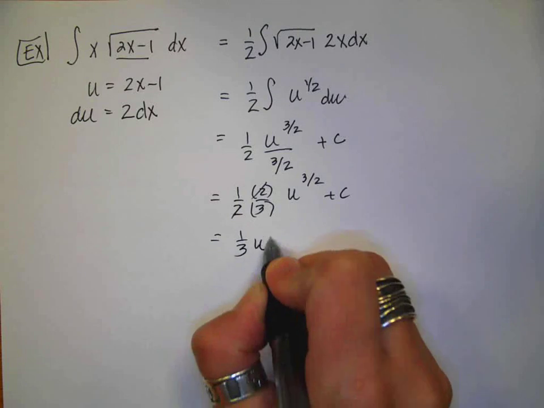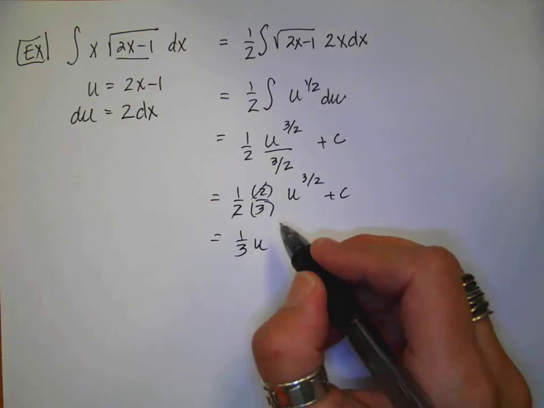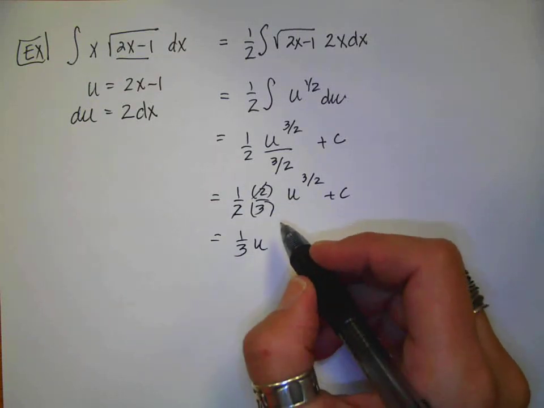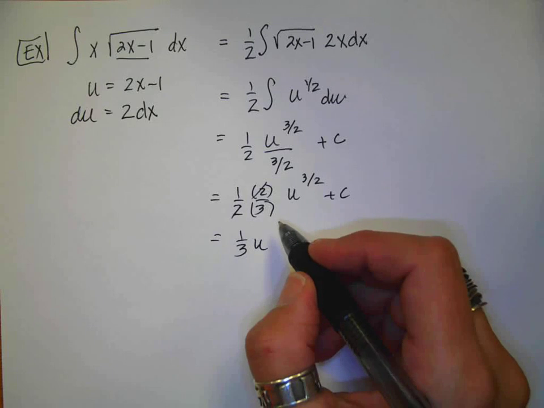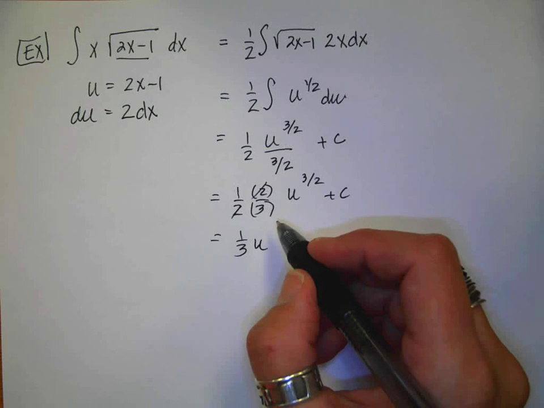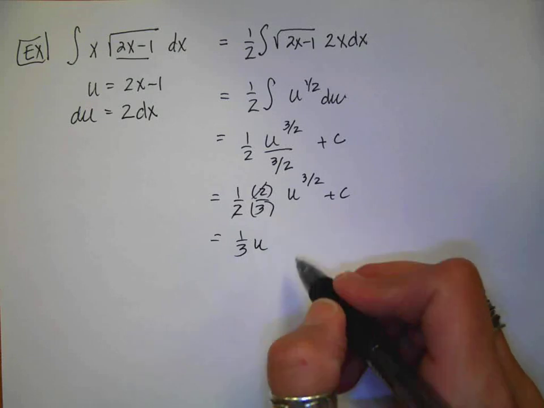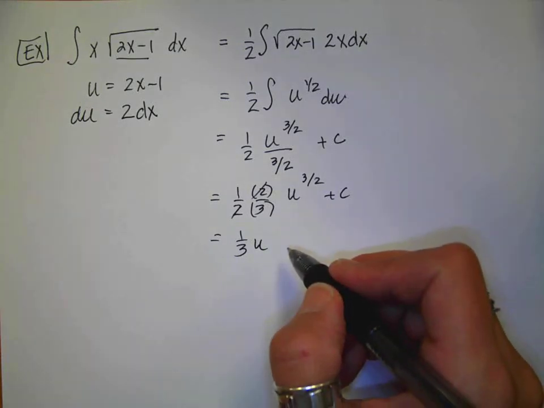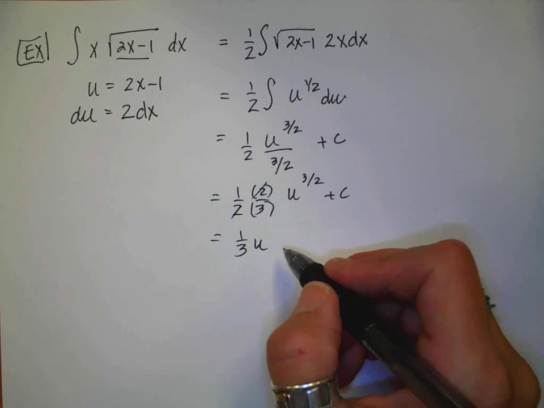The 2's cancel. So I get 1/3 u to the... where's all my work?